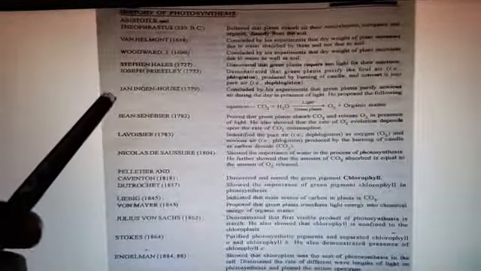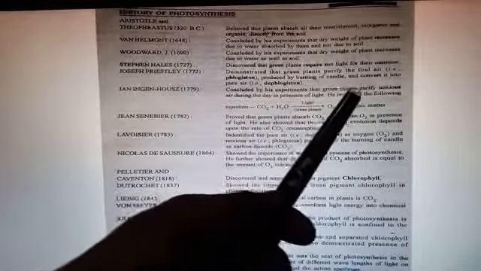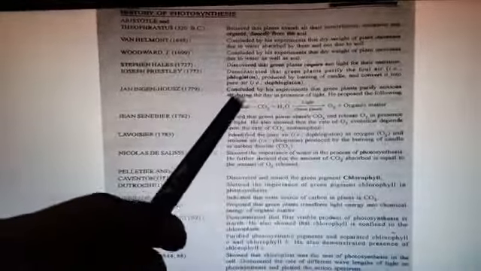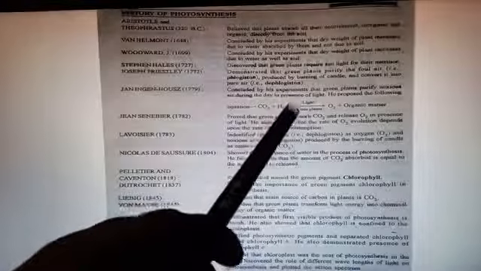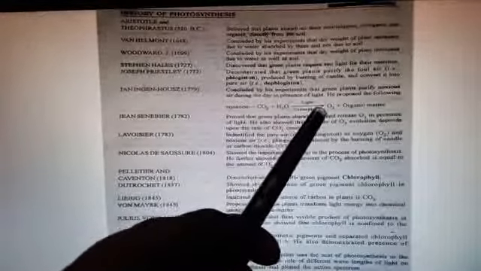Next, Jan Ingenhousz concluded by his experiment that green plants purify noxious air during the day in presence of light, and he proposed the following equation: CO2 plus H2O, in presence of light and green plants, oxygen is evolved plus organic matter.